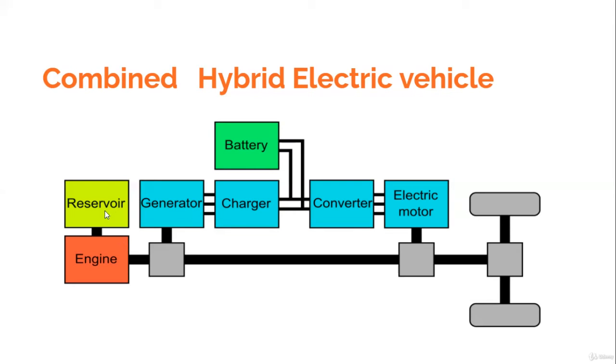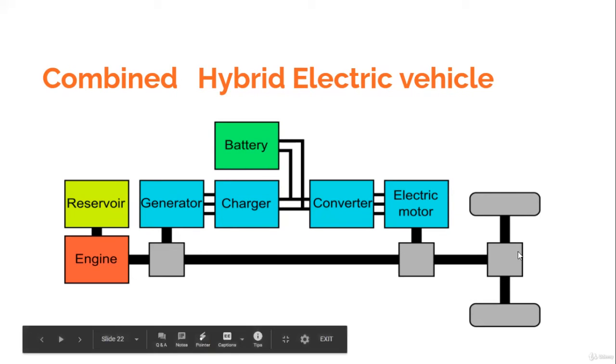You see the engine, there is a drive line over here, a generator is connected to the charger, battery and a charger are connected to a converter, and there is a motor over here. Both the engine and the motor can be brought in series and also in parallel, because of the complexity of this arrangement, and you can get the advantages of both the systems to drive the wheels.